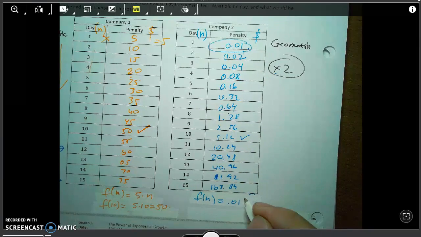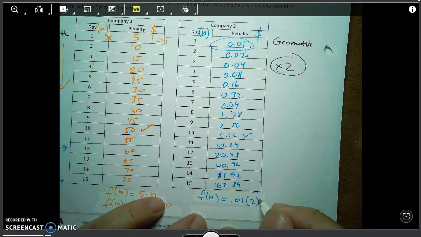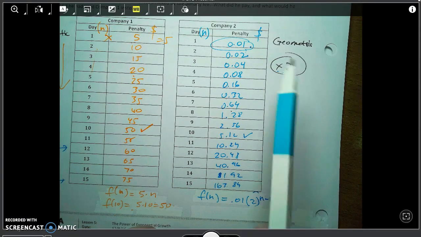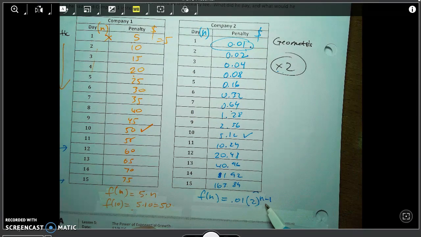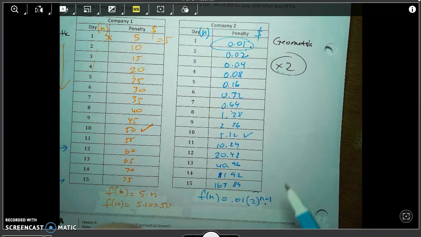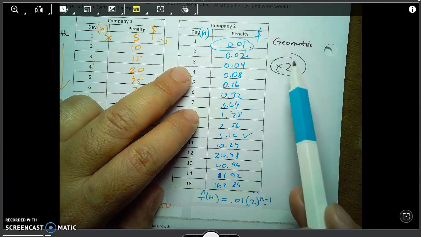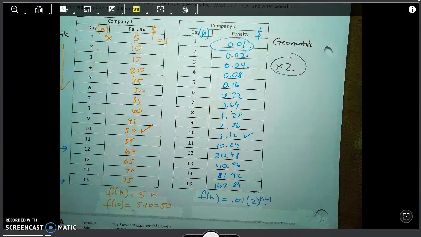So I'm multiplying this times 2, and then we're going to raise it to n minus 1, because if you remember from previous classes, we always use the day before to raise it to that power. It's going to be 0.01 times 2, and then raised to the first power.